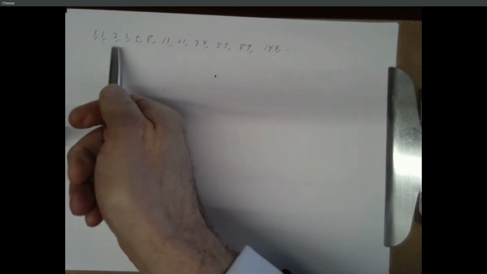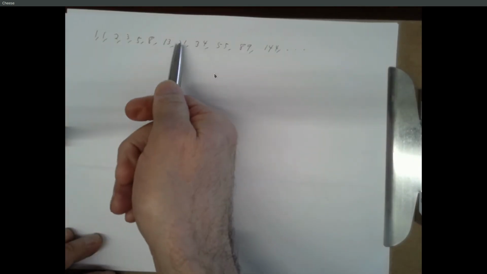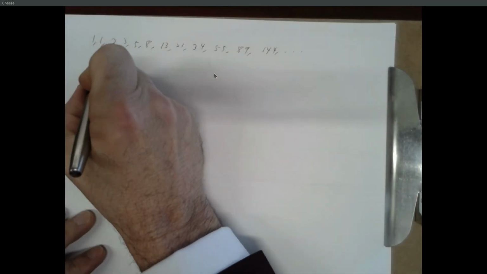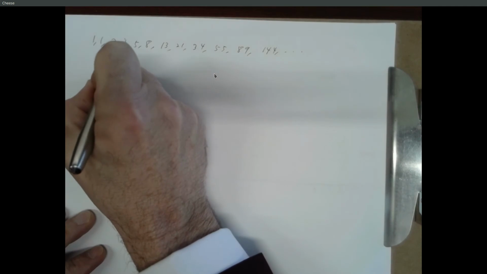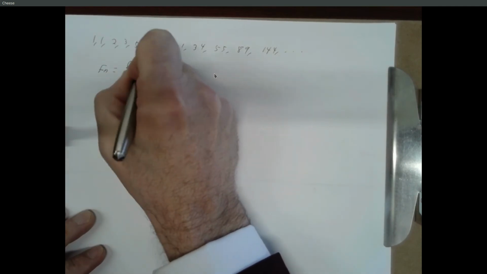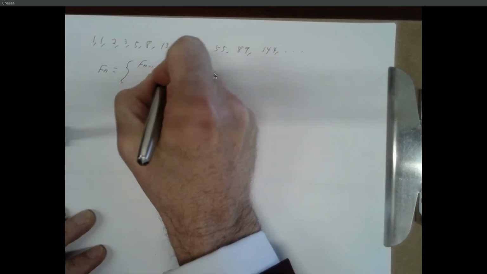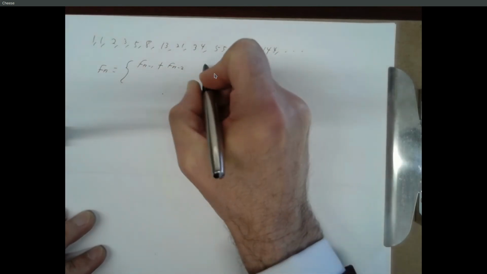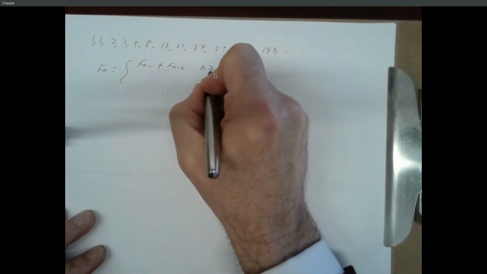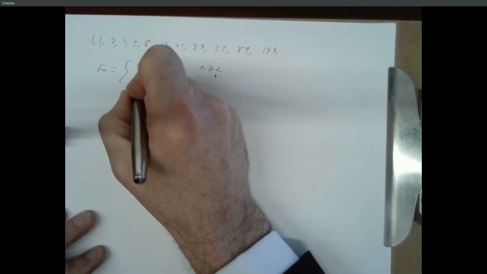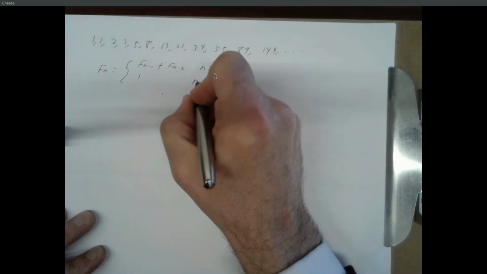Right, so 1 plus 1 is 2, 1 plus 2 is 3, 13 plus 21 is 34, and so on. So it's a recurrence relation, so we can define the nth Fibonacci number as f(n-1) plus f(n-2), and this is for n bigger than or equal to 2, or we can say this is equal to 1 for n equals 1 or 0.